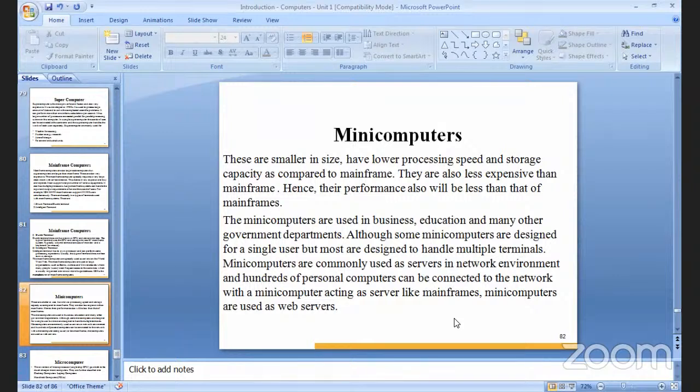Although some minicomputers are designed for a single user, most are designed to handle multiple terminals. Minicomputers are commonly used as servers in the network environment, and hundreds of personal computers can be connected in the network with a minicomputer acting as a server like mainframes. Minicomputers are used as web servers also.